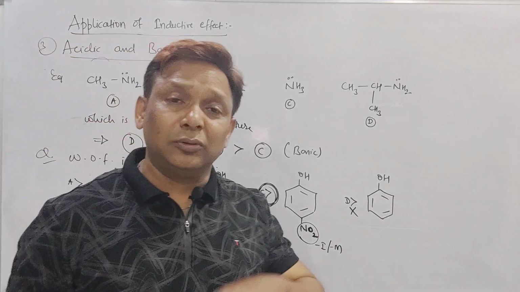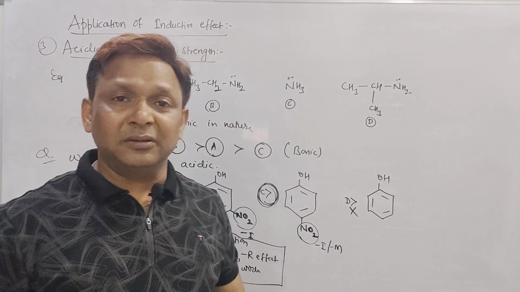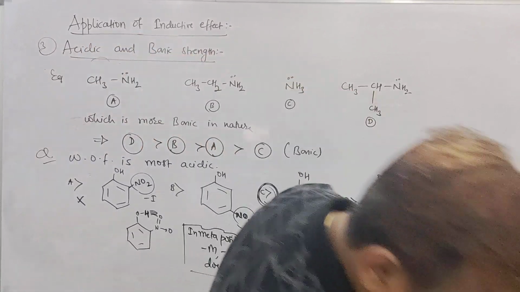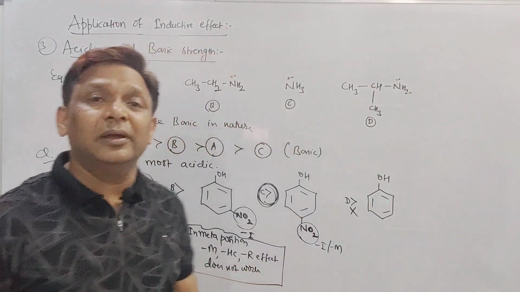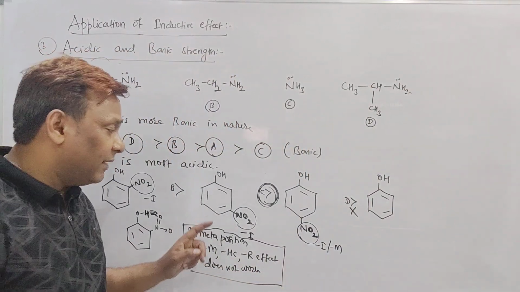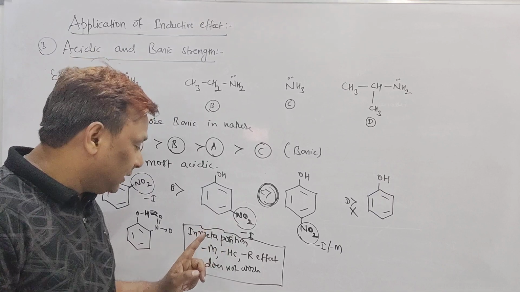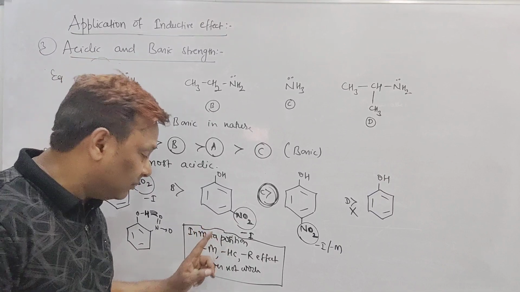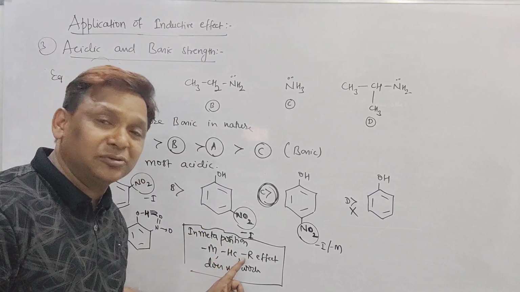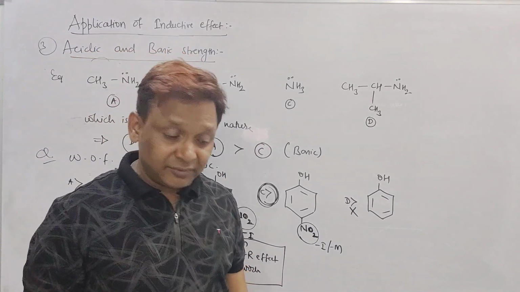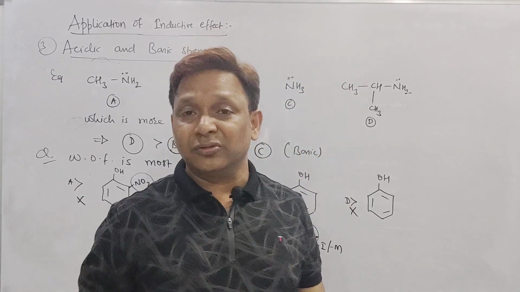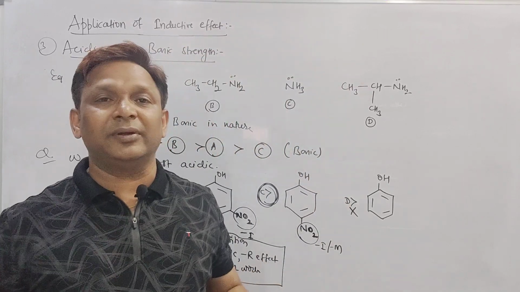And these things will be clarified once we complete the mesomeric effect. Because in the mesomeric effect, by drawing the resonating structures, I can explain why at the meta position mesomeric, hyperconjugation and resonance do not work out, only inductive will. That part we will learn once we start how to draw the resonating structure and what the mesomeric effect is.